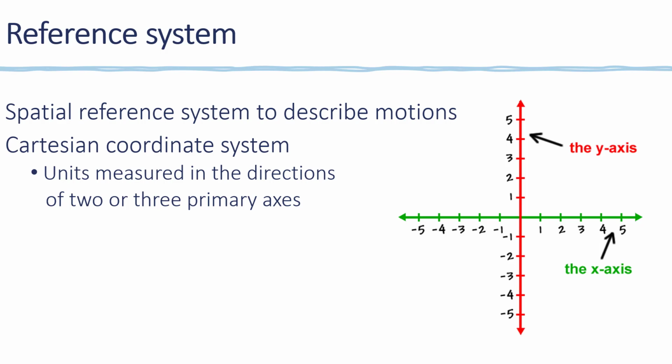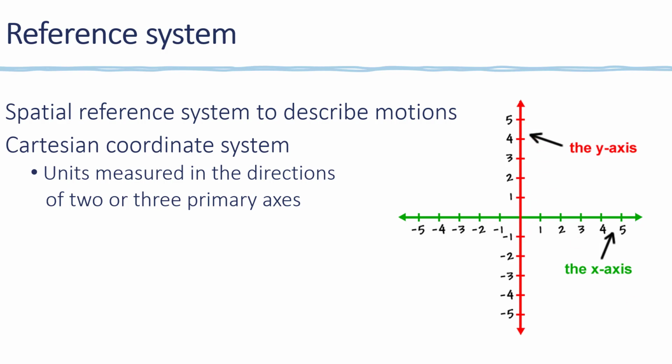The location of each joint center can be measured with respect to these two axes and described as x, y coordinates, where x is the number of horizontal units away from the origin being at 0, 0 here, and then y is the number of vertical units away from the origin.